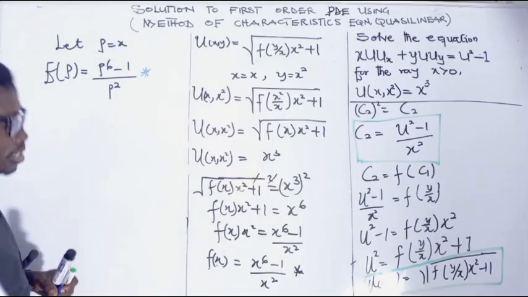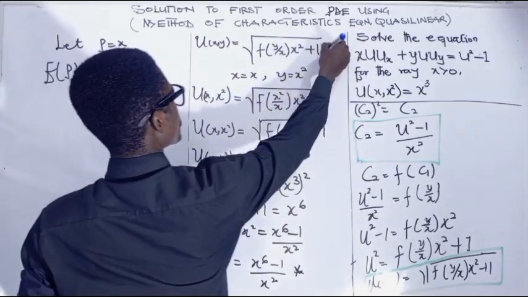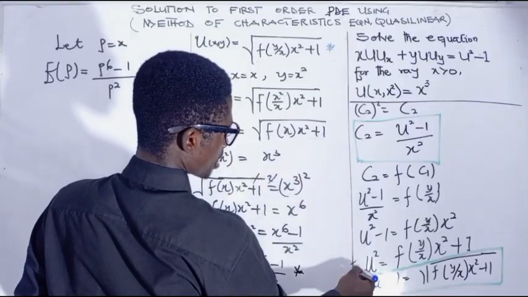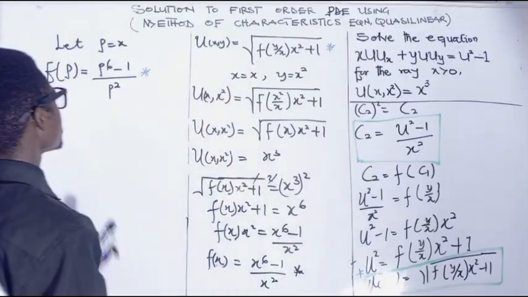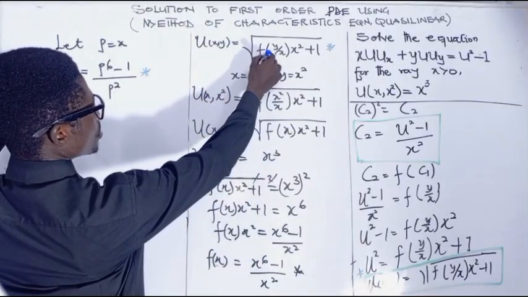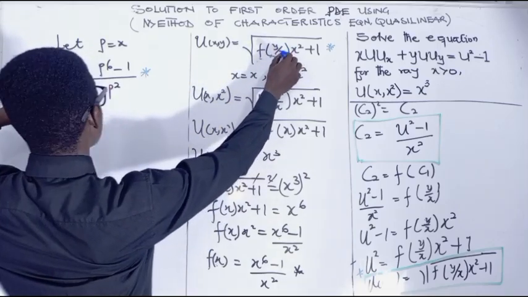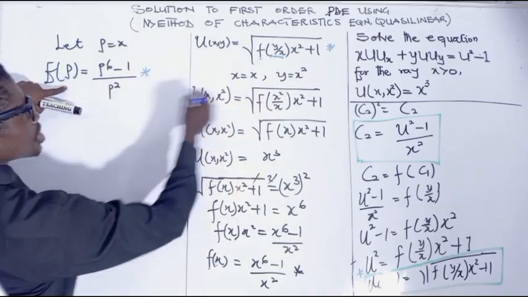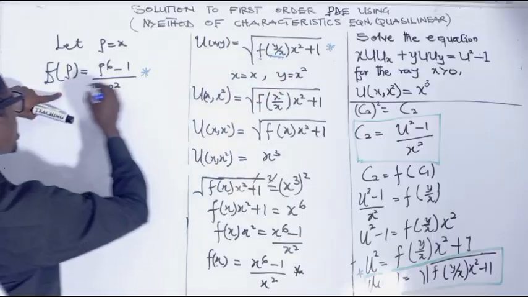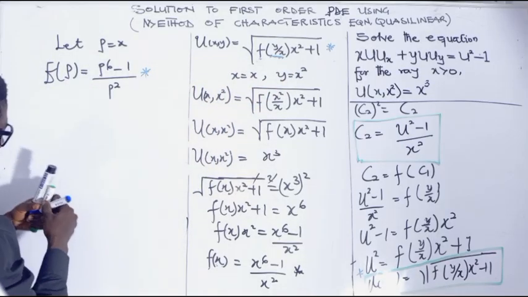We are going to go back to the general solution, which is this part. Wherever we see f at, so we find the function f, and what is in the bracket, we represent with p, or we substitute what is in the function here in place of p.